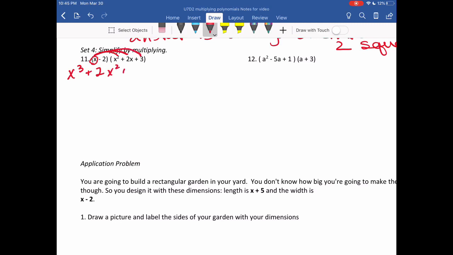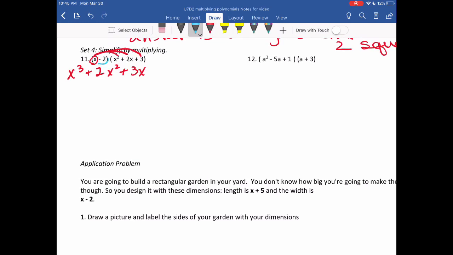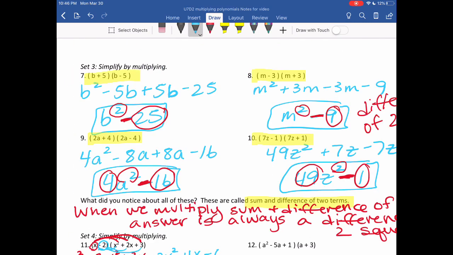X times 3, 3x, right? Now I'm going to take this other term, this negative 2, and multiply it by every term in the other polynomial. So negative 2 times x squared is negative 2x squared. Negative 2 times 2x is negative 4x. And negative 2 times 3 is negative 6. So again, now I've done all my multiplication.